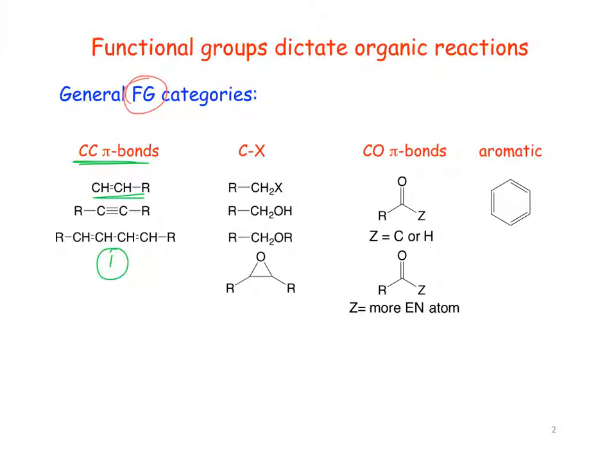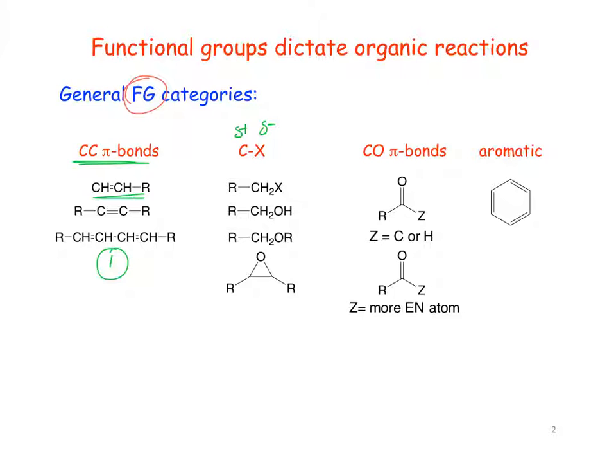The next type of reaction that we'll look at are reactions where carbon is attached to some more electronegative group. In each of these cases, the carbon is going to have a delta plus, and this more electronegative group is going to have a delta minus.